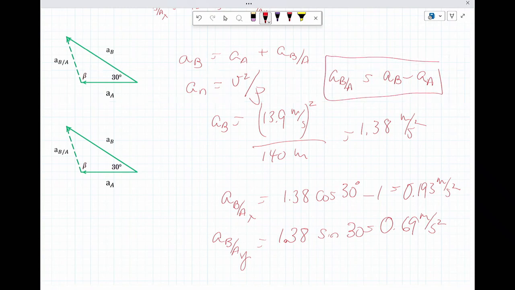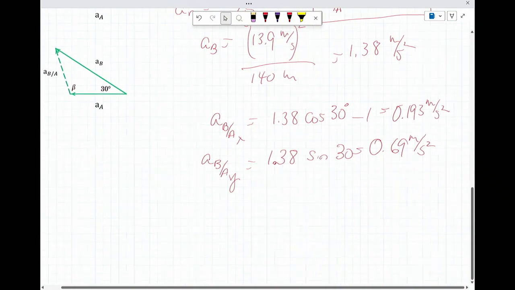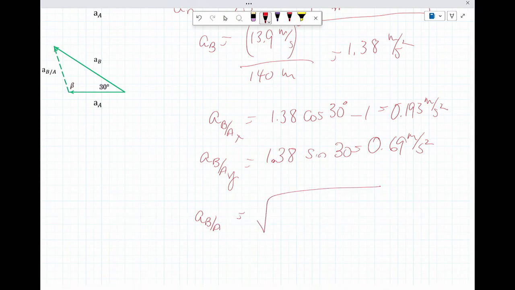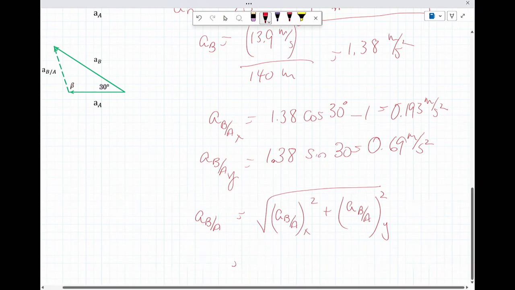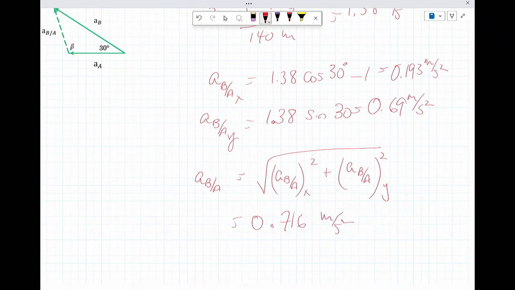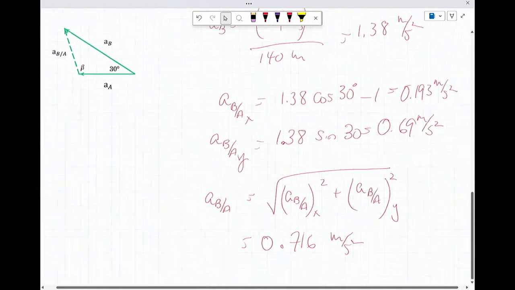Calculate AB with respect to AX, AB with respect to AY, and you end up with acceleration of B with respect to A, which is equal to the magnitude of both, which is equal to 0.716 meters per second squared.